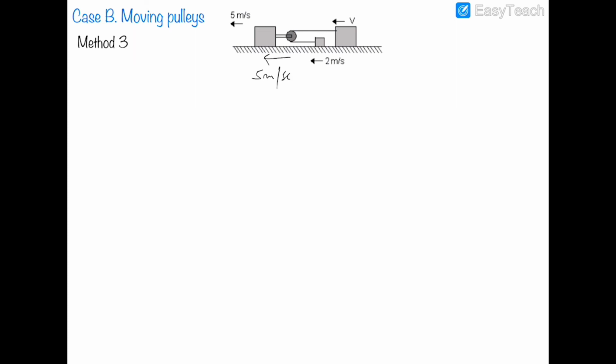Now the blocks on its both sides are given with velocities v and 2, and we can write the equation as 5 is equal to (v plus 2) by 2, and all three are in the same direction, so we need not put any negative sign in between. So v will be equal to 8 meters per second. This is the answer. Now let's move on to the next question.